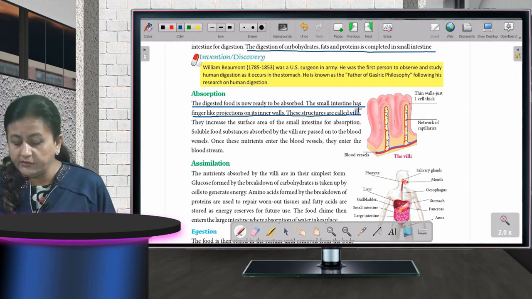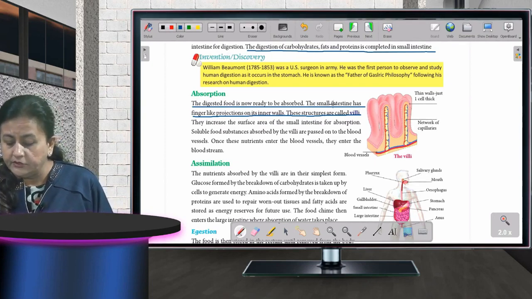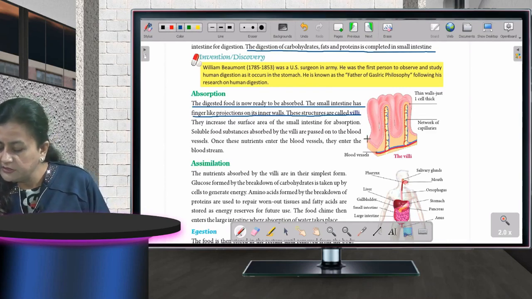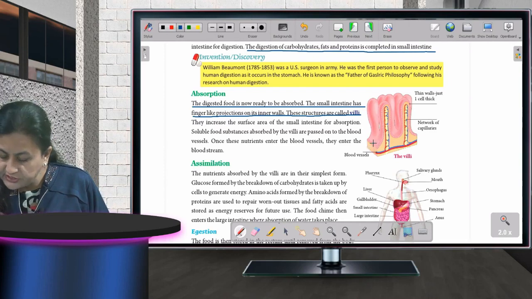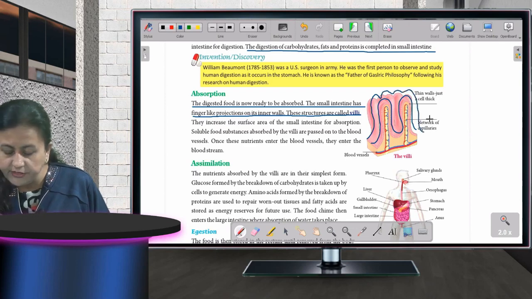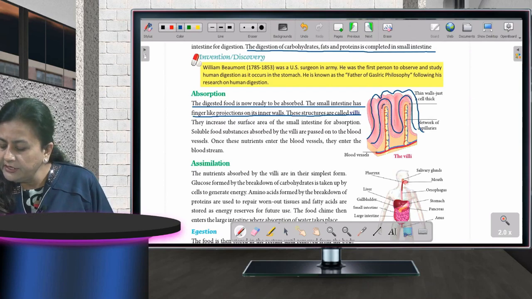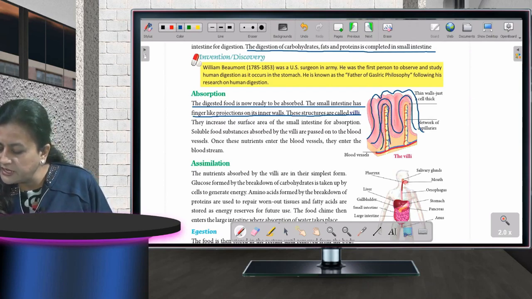The small intestine has finger-like projections on its inner wall, and you can see these finger-like projections are there like this. Okay, this is the inner part and this is the outer part. Fine, children. Now these structures are called villi.